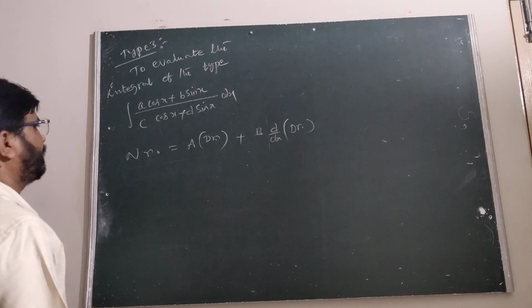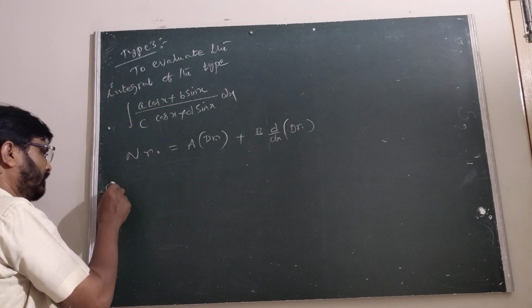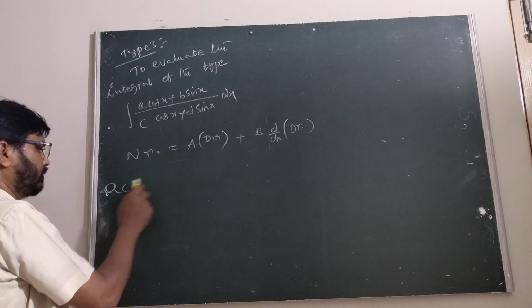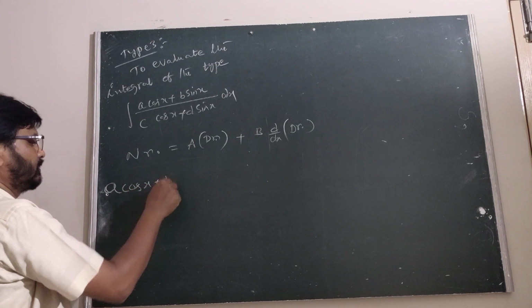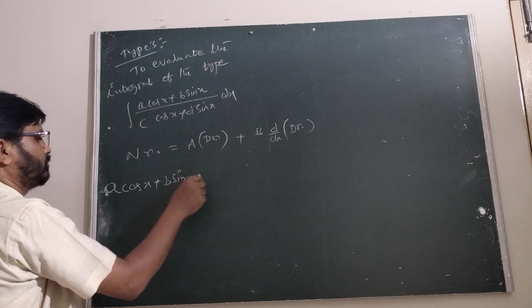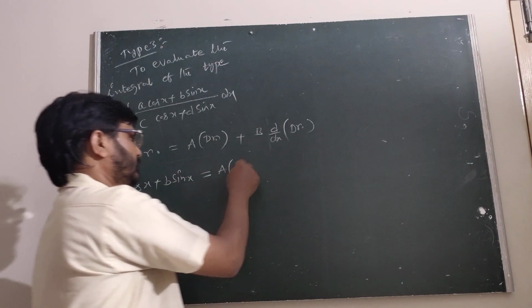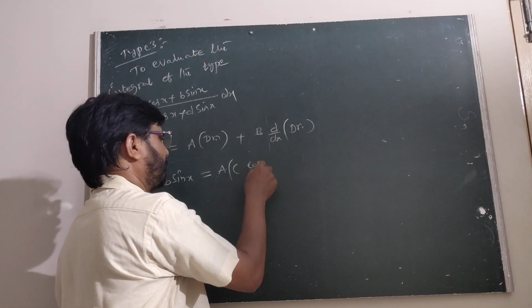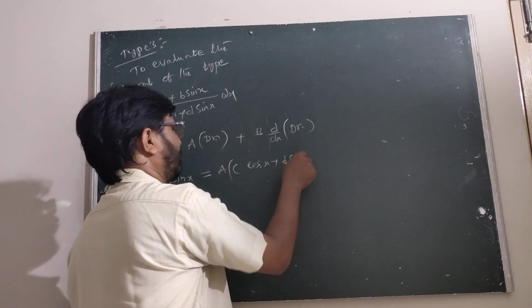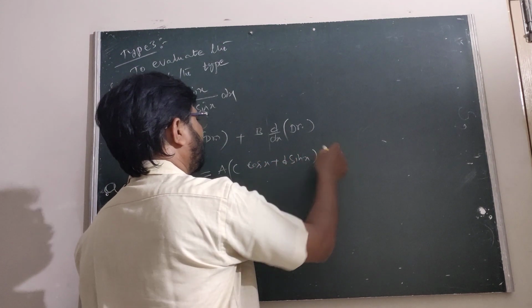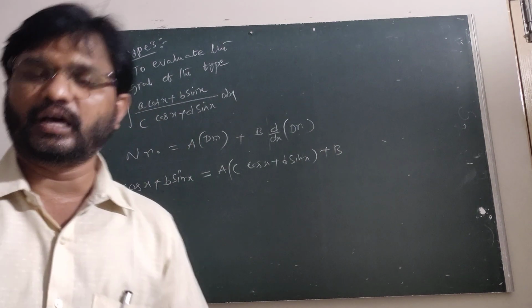What is the numerator in the given integral? a cos x plus b sin x. A into the denominator is c cos x plus d sin x. B into d by dx of the denominator.